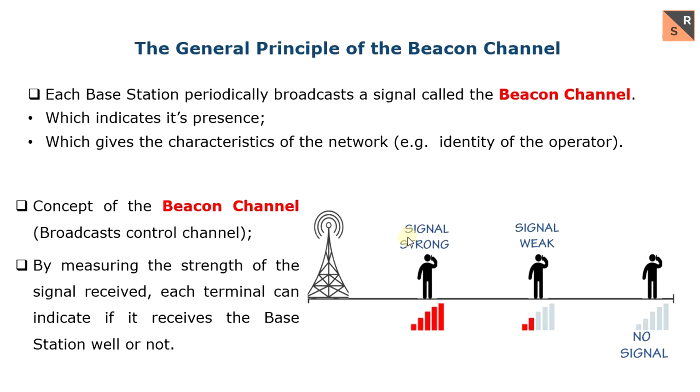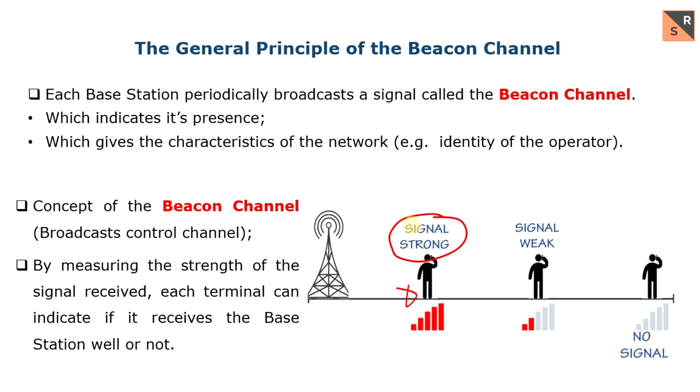All terminals measure the strength with which they receive this beacon channel. We have made a simple example on the drawing. The transmission of the beacon channel is symbolized by these concentric arcs. When the person is close to the base station, the signal received is very strong, as you can see in this figure.